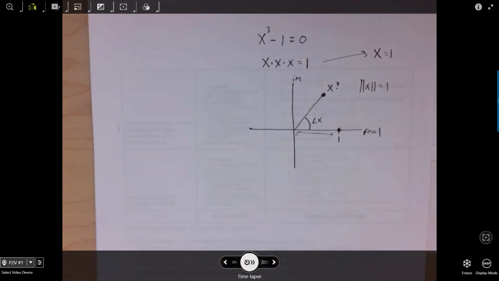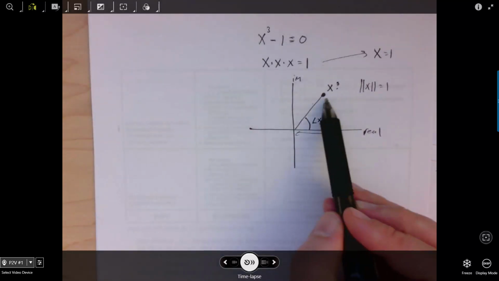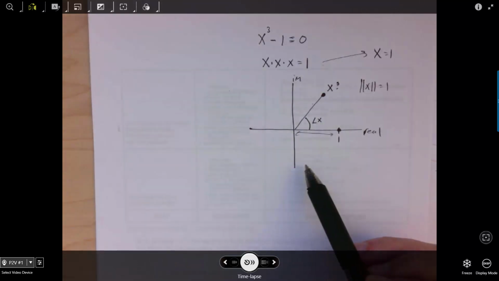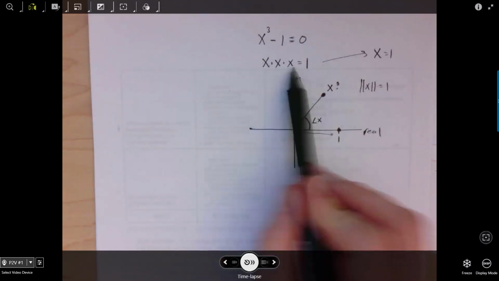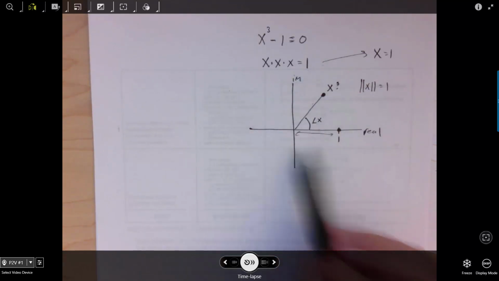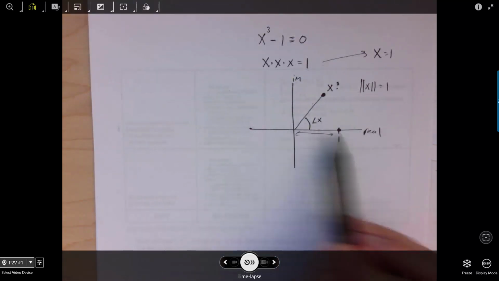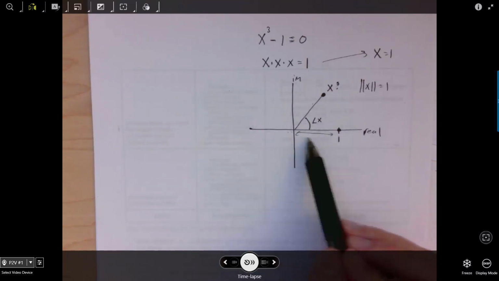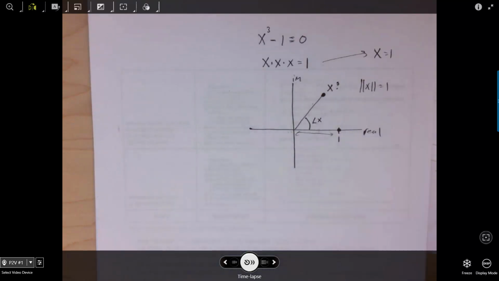For the angle, we know that cubing x is going to add the angle to x to itself 3 times. And we know that if x cubed is supposed to end up being the same as 1, if we add the angle 3 times, it needs to end coterminal to the angle that leads to 1. In other words, the angle 0, or 360, or 720.